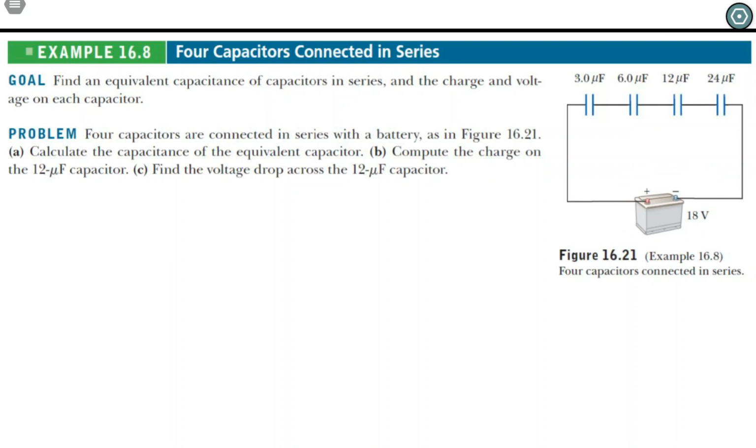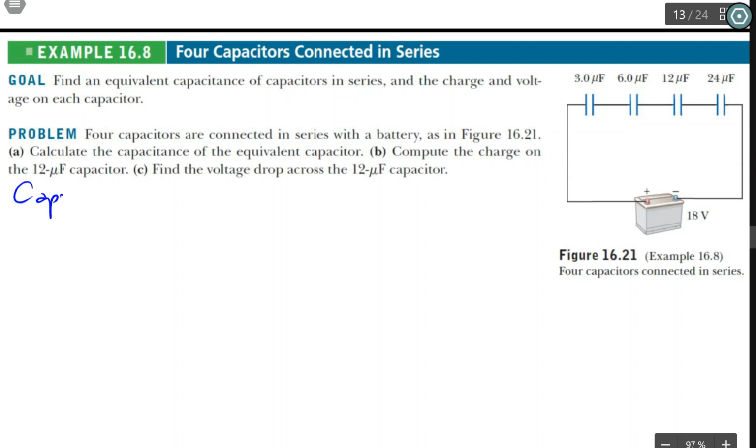As you'll see, for the capacitance, because for capacitors in series, the formula, well, for this particular one, is the reciprocal of the sum of the reciprocals. Try saying that 10 times.